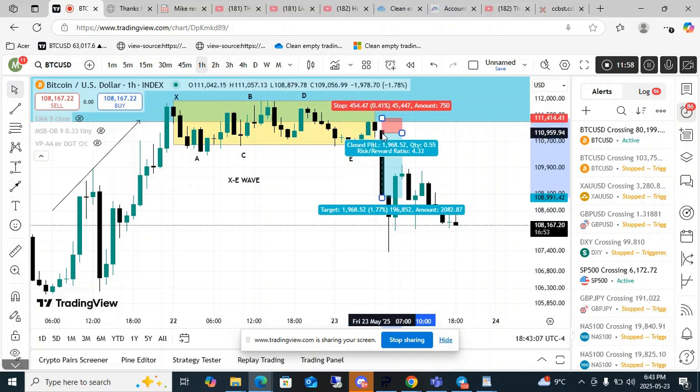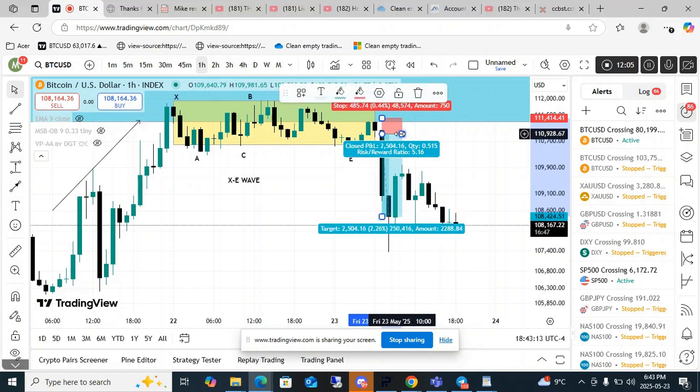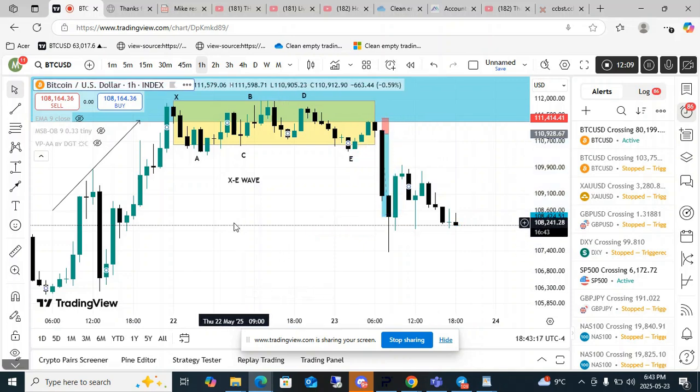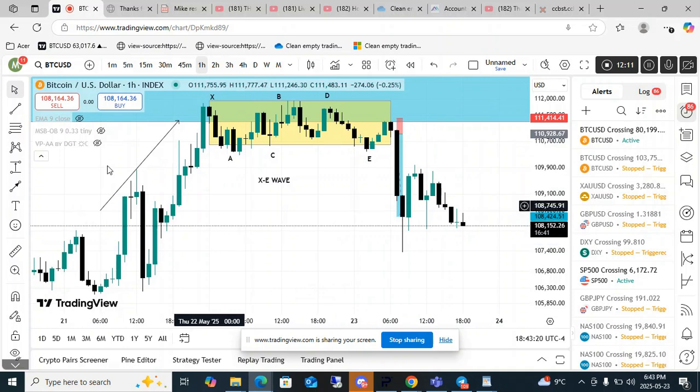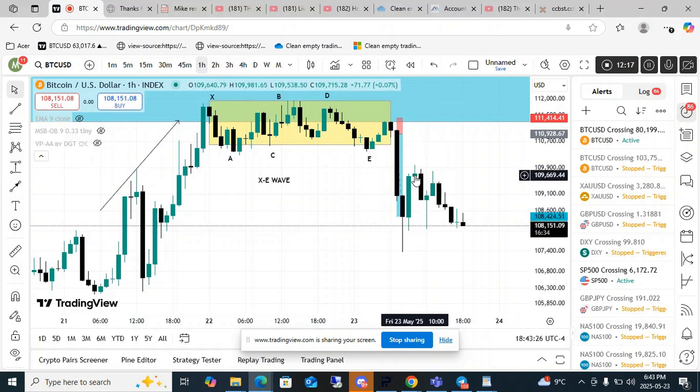I enter the trade here, then exited here. So for this trade, the take profit should be here. You see it's still pulling up.